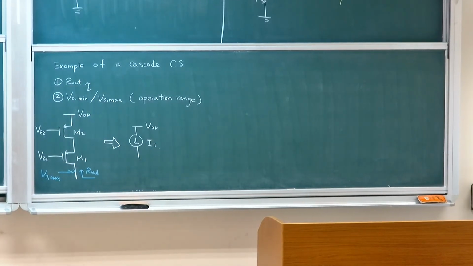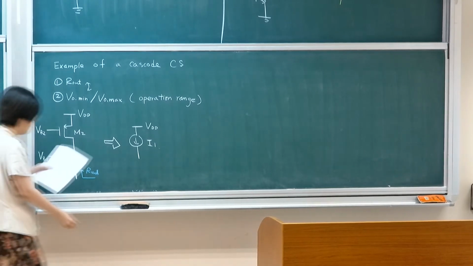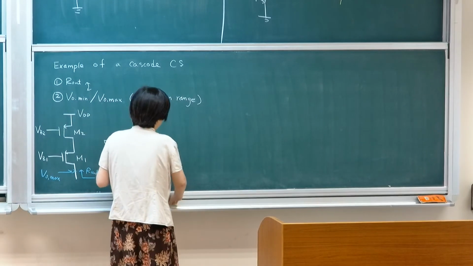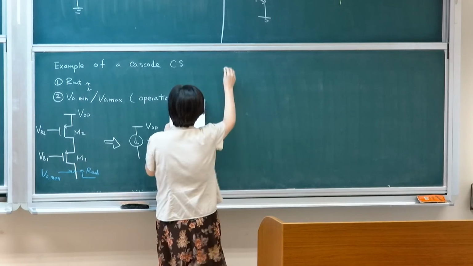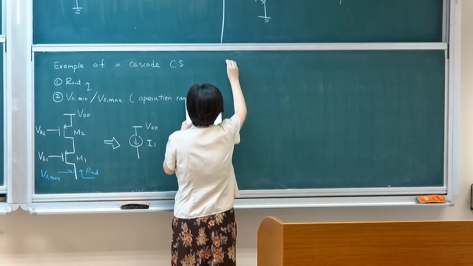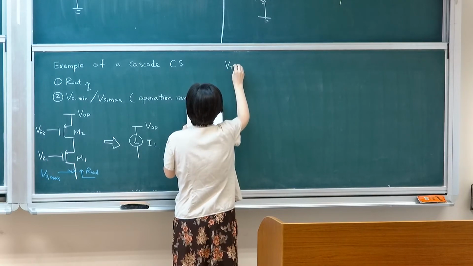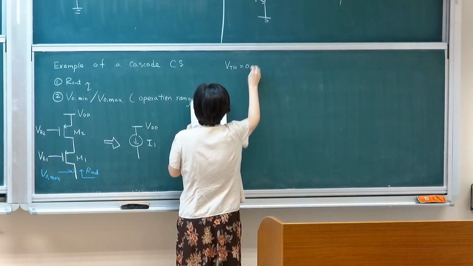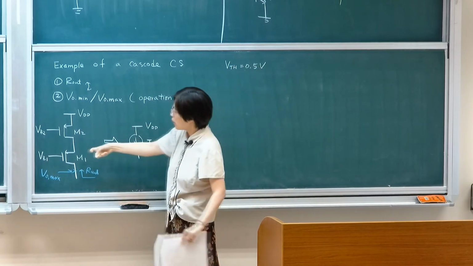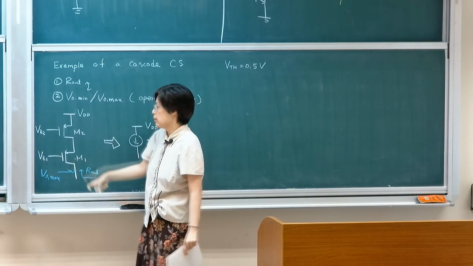Okay, so let me give you parameters, and then we're going to design to find our output resistance and its biasing design. For example, let me give the parameters. The threshold we're going to ignore body effect here, because this one actually is subject to body effect as well.